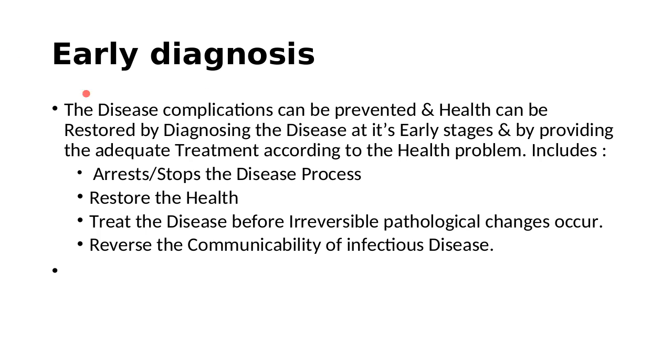Let's see, what is this early diagnosis? This is the disease complication. The disease complication can be prevented and health can be restored by diagnosing the disease at its early stage and by providing the adequate treatment according to the health problem.